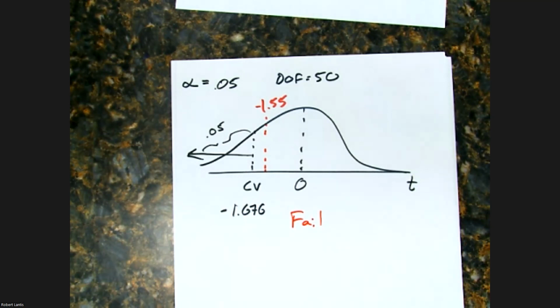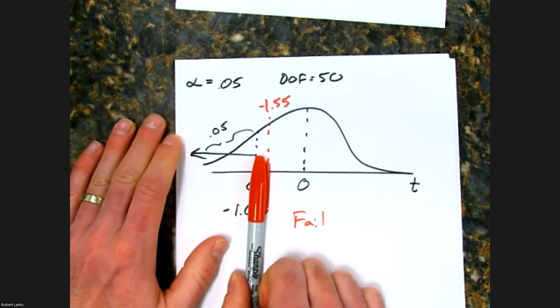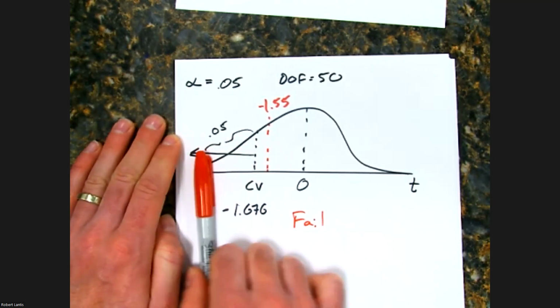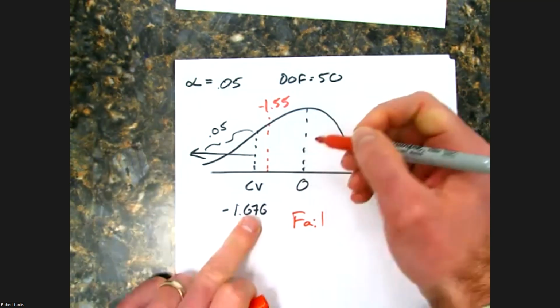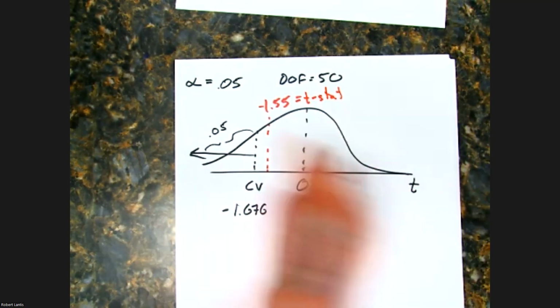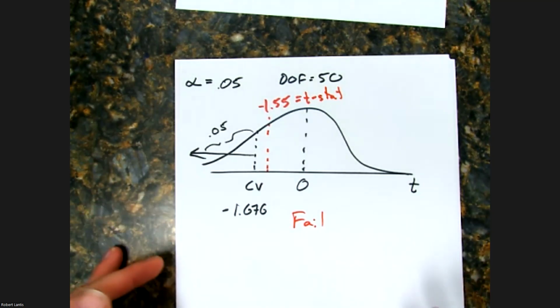Any questions on that? So again, you fail to reject for what reason? Once I plot my critical value, the rejection region will be anything more extreme than that, in this case, to the left. If my test statistic, which I plot against this critical value, is not in that range, it's not far enough away, it's not a high enough number of standard deviations away for me to be okay rejecting what I assumed.